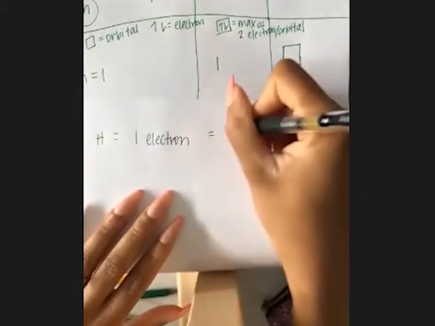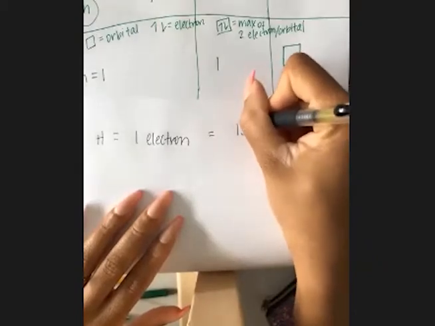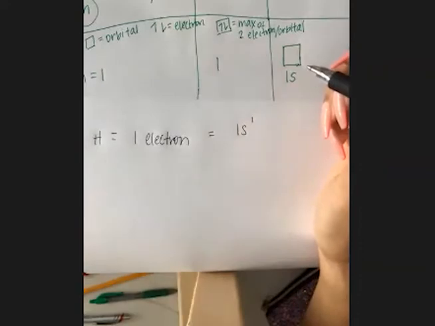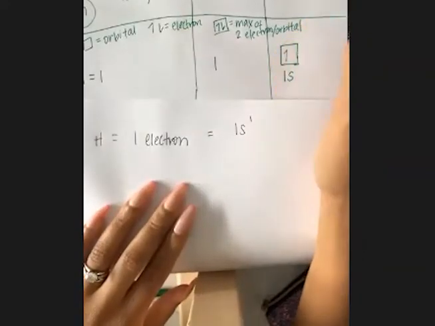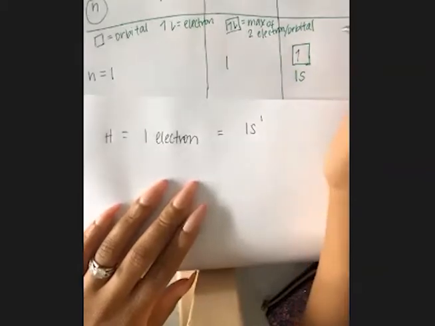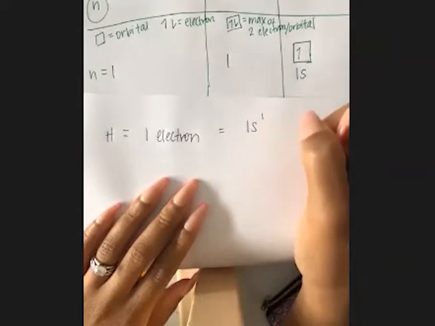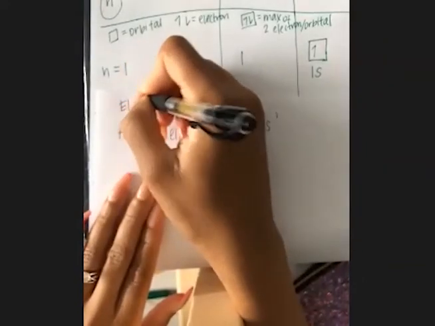So we say the electron configuration for hydrogen is 1s, and there is 1 electron in it. So it's like I drew a half arrow here, that 1 electron from hydrogen. If I start from the very bottom and work my way up, it's in the 1s orbital, and we say the electron configuration for hydrogen is 1s1.